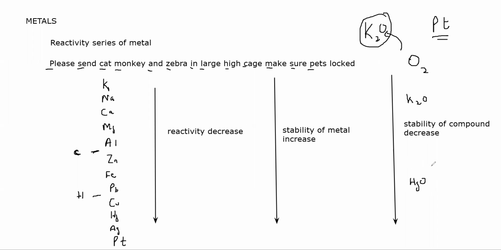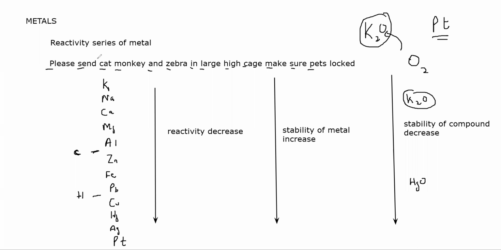When I supply heat energy, which can remain in a compound state for a longer time, at a higher temperature? Potassium oxide is more stable. It will remain in this state for a longer period of time when we supply energy.